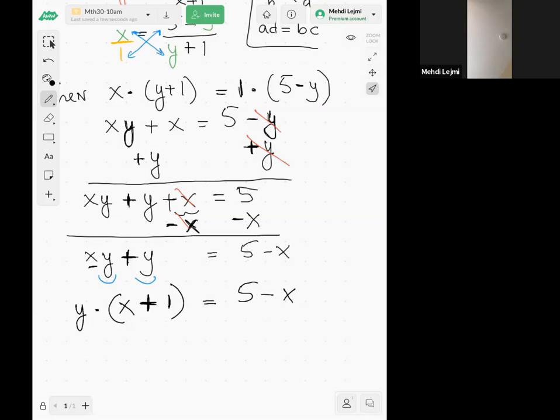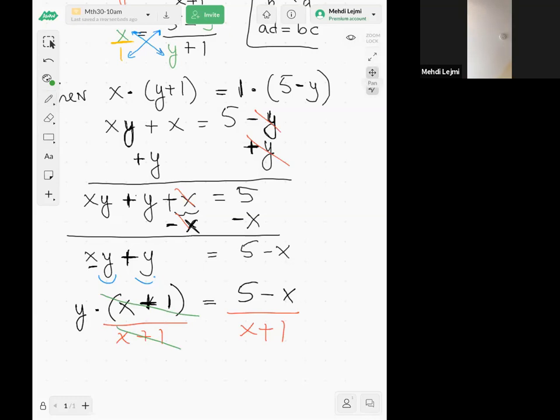So now, once you factor out the Y, you can divide. I have Y times X plus 1, so I can divide here by X plus 1, and here by X plus 1. Then the X plus 1 on the top cancels out with the X plus 1 on the bottom, so it's just Y on the left side.